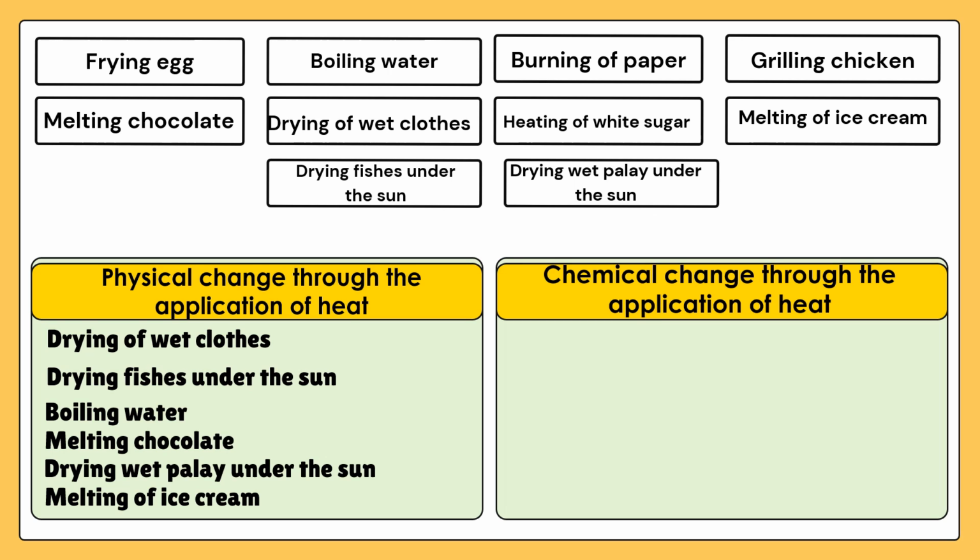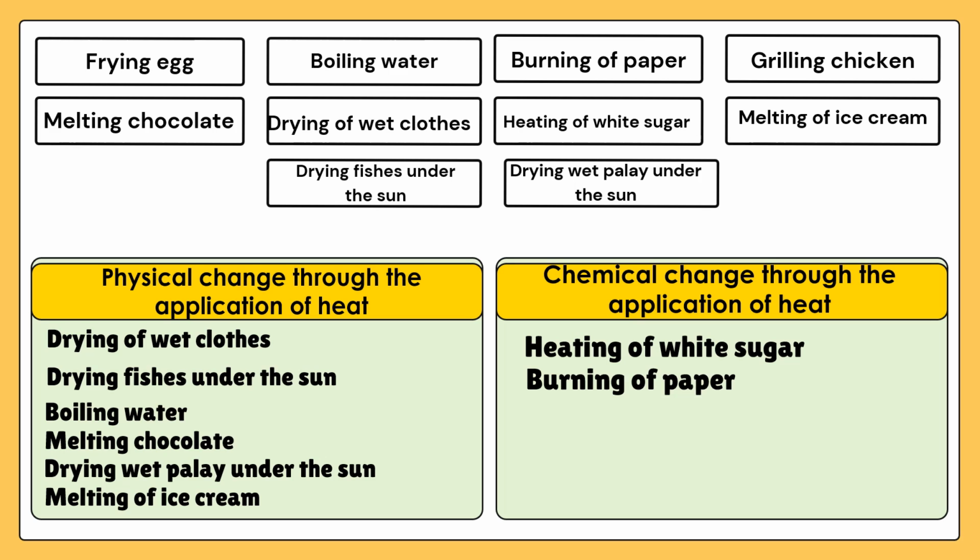Let's go with chemical change through the application of heat. Heating of white sugar, burning of paper, frying egg, grilling chicken. That's it. Okay, good job, kids. I hope you've got the correct answers.